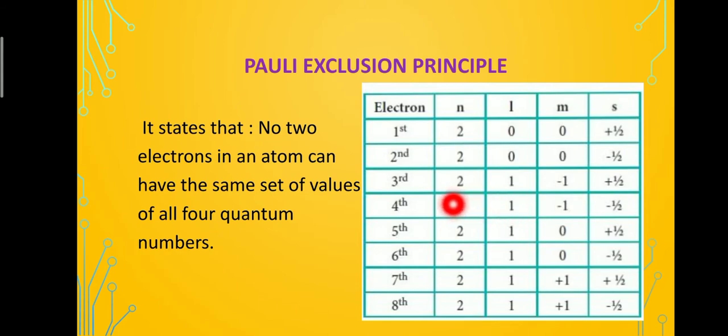So according to Pauli's rule, no two electrons in an atom can have the same set of values of all 4 quantum numbers. When we consider these 4 quantum numbers, there will be a difference in at least one of them, so all electrons will be unique regarding their quantum numbers.